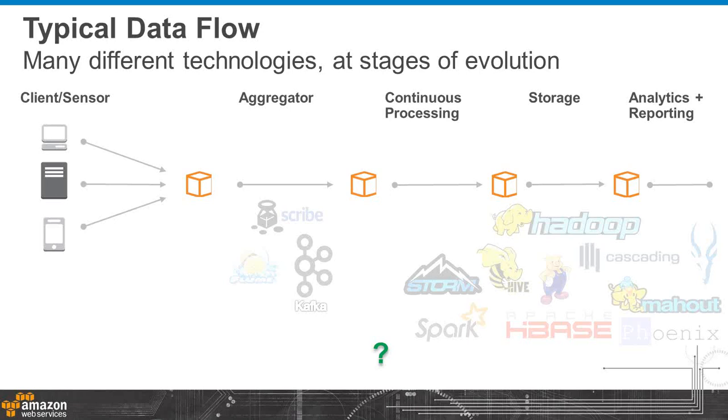There are sources of data: clients, sensors, servers, hosts. Let's call them producers in a more general fashion. The data produced by these devices and sensors and hosts ultimately needs to be aggregated as a first step. Once that data is aggregated at some coarse-grained granularity, it then needs to be processed.